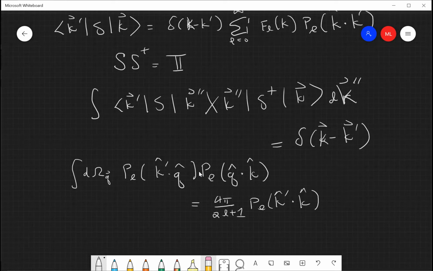You can even put different L's. So you'll have to have a separate sum for each matrix element you use here.